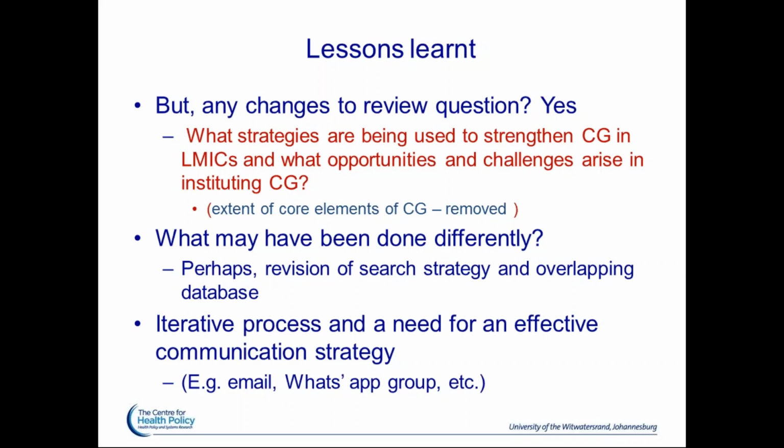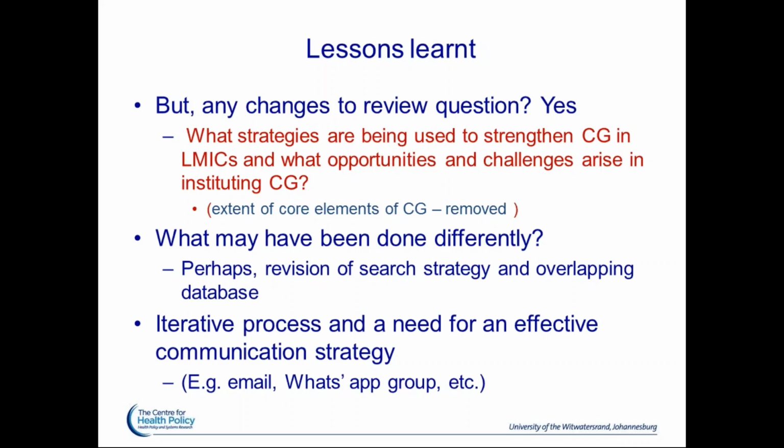And we thought that perhaps what we would have done differently is to have done other rounds of pilots, so that we could revise our search strategy, and also the databases we used, some of which are overlapping.